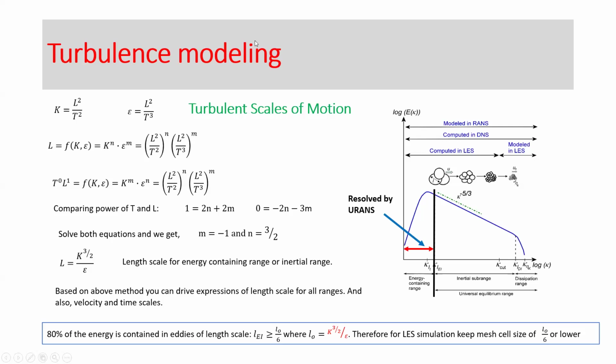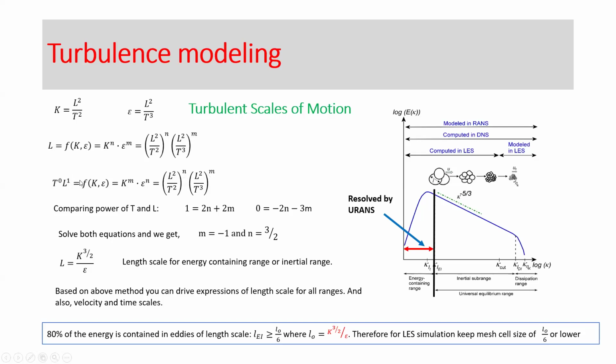The length scale has no time scale, so the time power is 0 because T to the power 0 is 1. So length to the power 1 equals length squared to the power n and length squared to the power m.